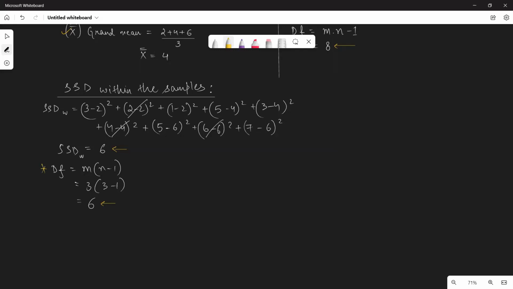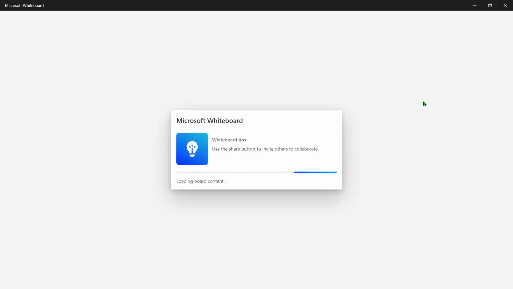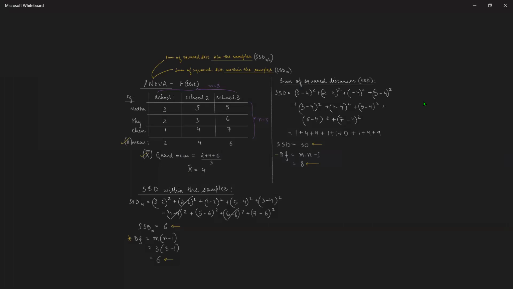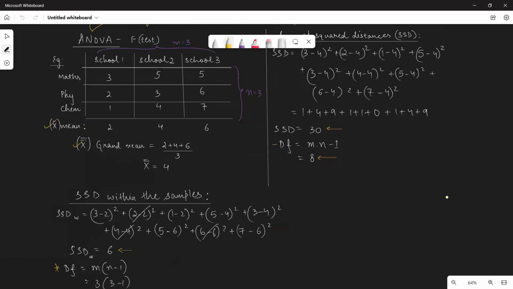So these formulas are important for you. Every time, when we compute SSD between also, you will observe that the formula of degree of freedom will change.